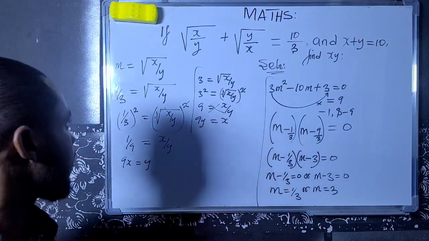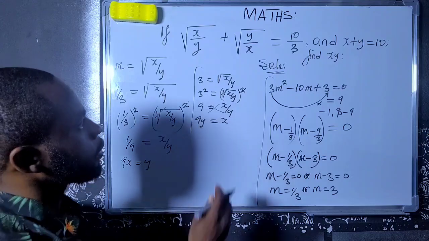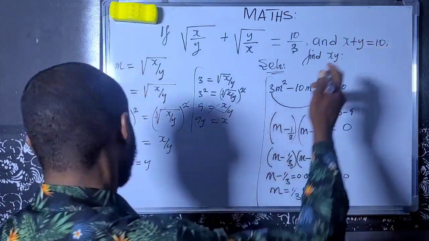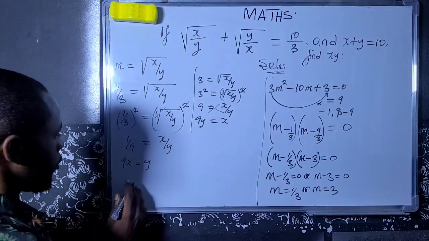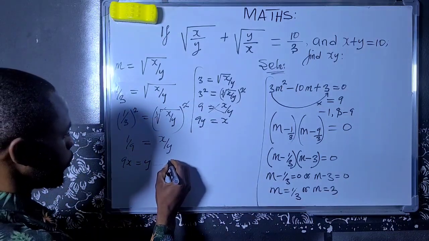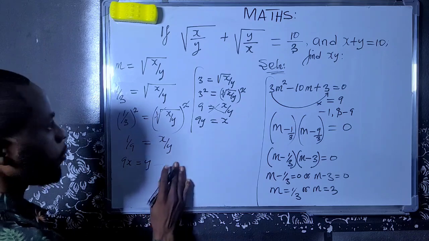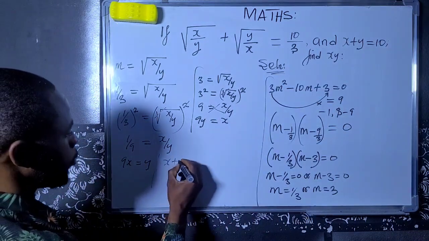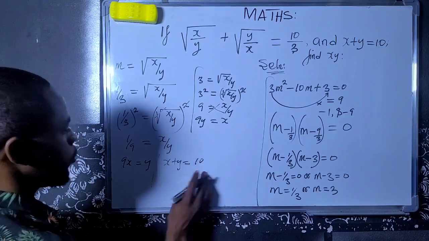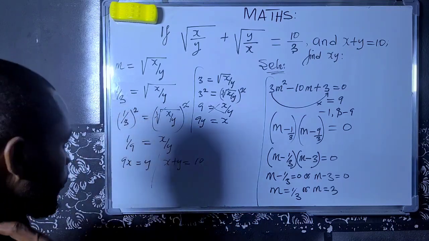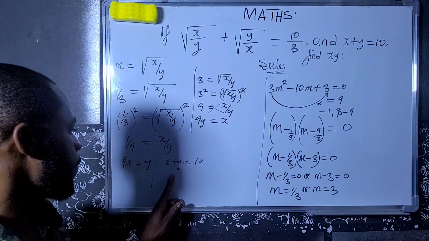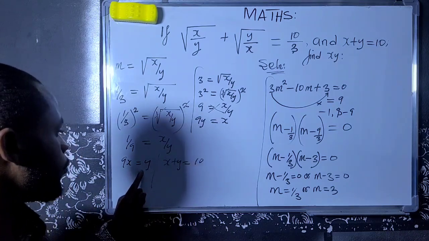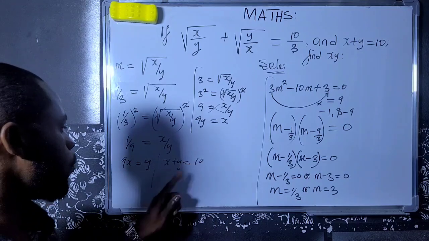Now at this point, recall that we are given that x plus y equals 10, so let's use this as equation 1. At this point, we can make x the subject of the formula, or y, but since we already have the value of y here, let's just make y the subject of the formula.